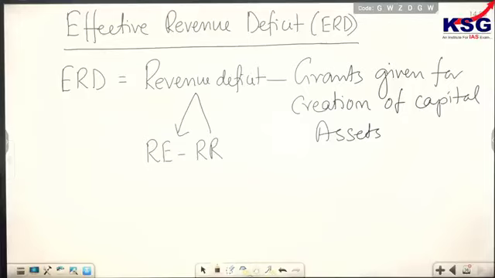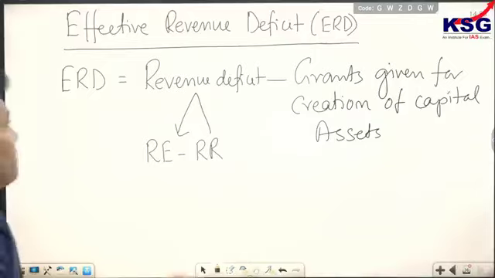So what the central government did, and it is a new concept introduced in 2012, is this: if any grants are used directly or indirectly for creating capital assets, that much amount you have to subtract from the revenue deficit amount.